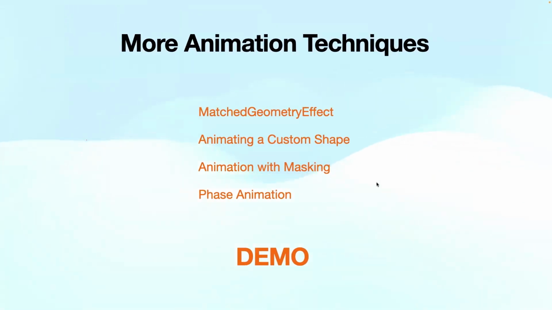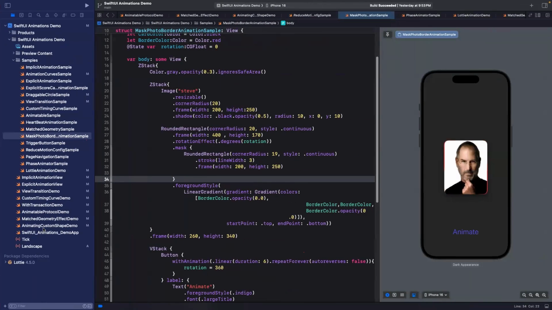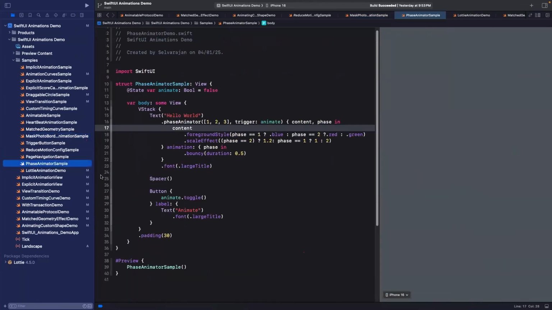Then about the phase animator. The phase animator is a modifier that allows you to attach a series of phases to a view, and you can alter the view on each phase. We have a demo here.